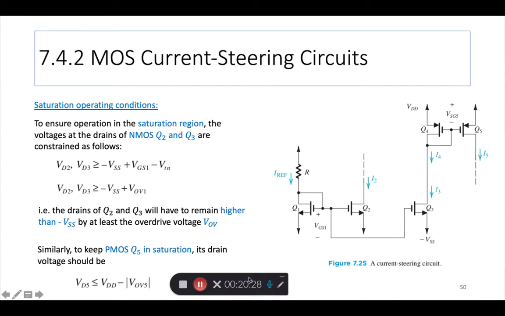All right. Again, important to remember that all this can only work if saturation conditions are satisfied. That means this output transistor Q2 and this output transistor Q5 have to be in saturation regardless of what loads they are connected to. So, saturation operating conditions.